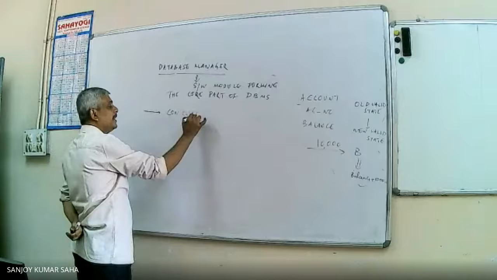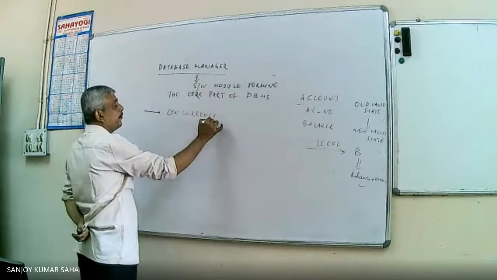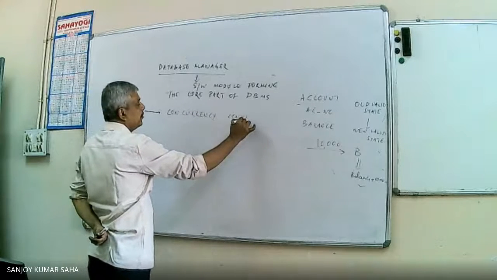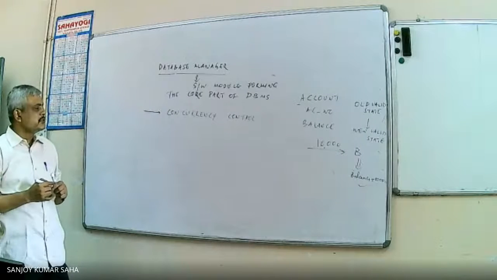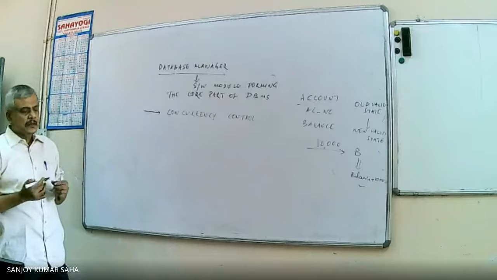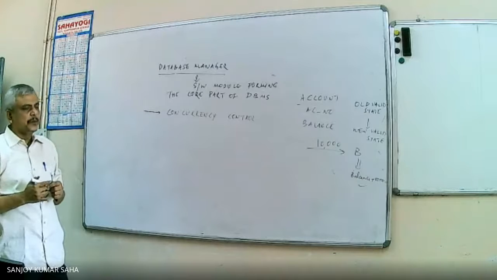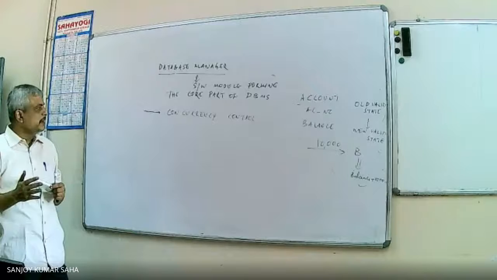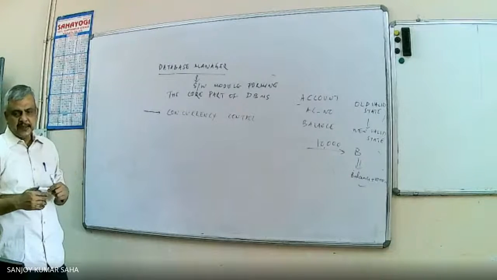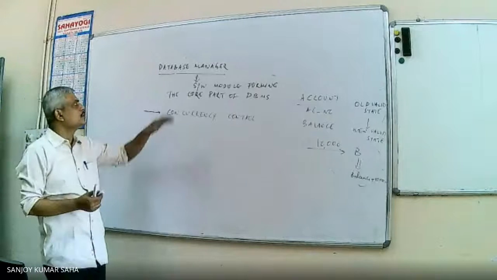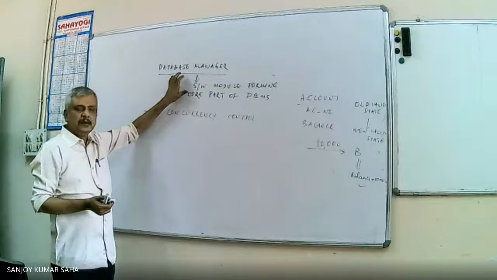That is also the responsibility of database manager. We know the meaning of the concurrency control, concurrent situation. We know some aspects of the concurrency problem, that racing problem kind of thing. So as and when required, it has to be serialized. That part is also taken care of by the database manager.